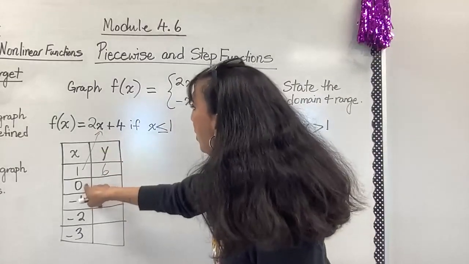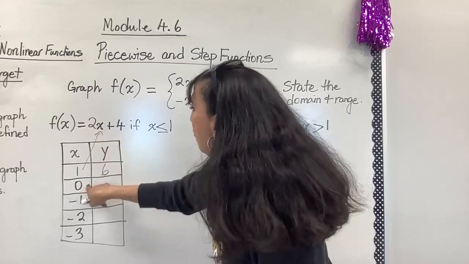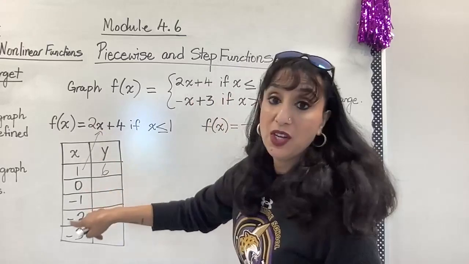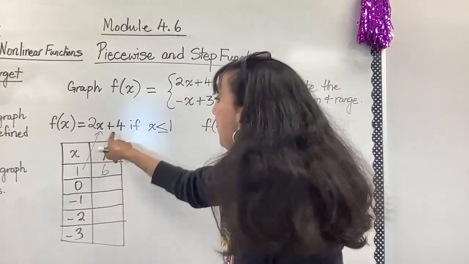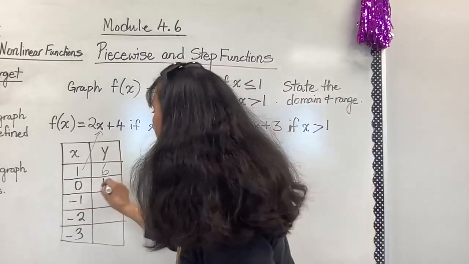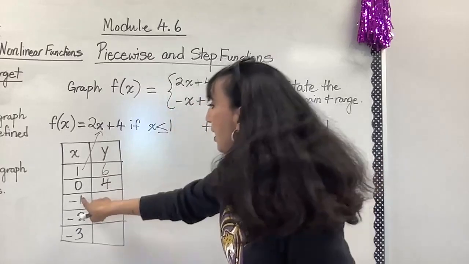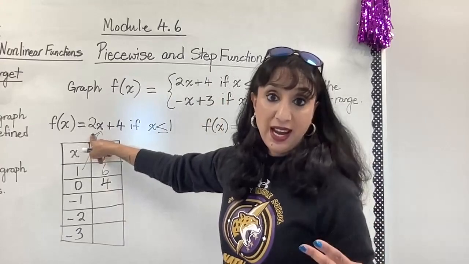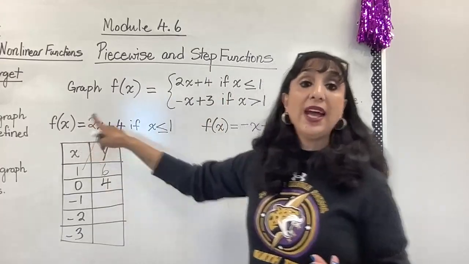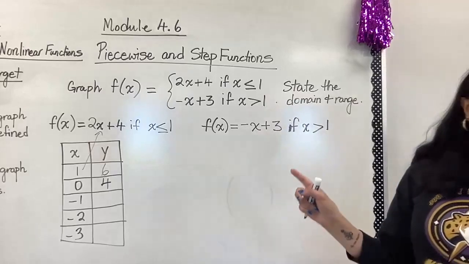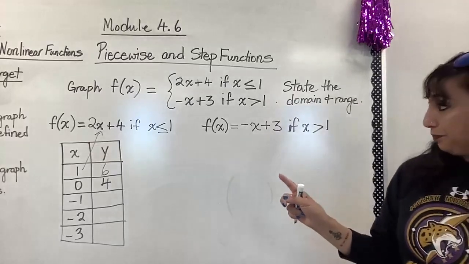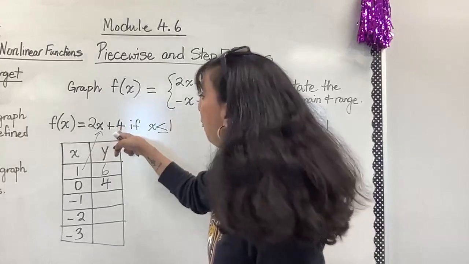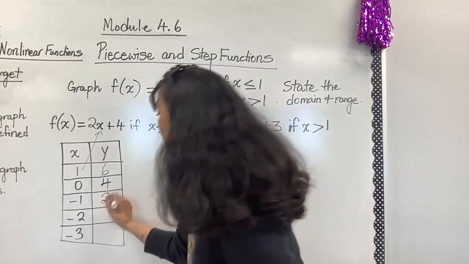So 2 times 0 is 0, because anything times 0 is 0, plus 4 is going to give me 4. -1 times 2, positive times negative, is going to give me negative, so that gives me -2 plus 4, which is going to give me 2.